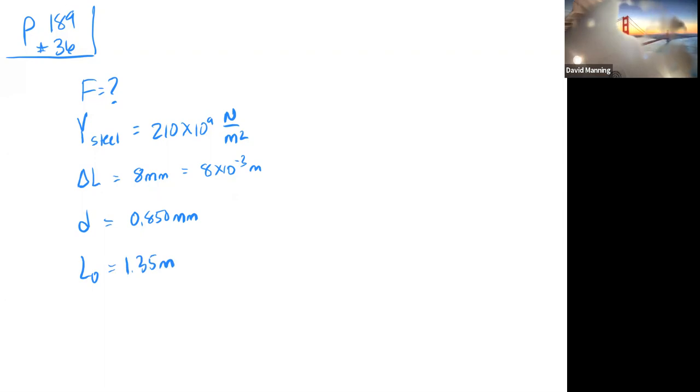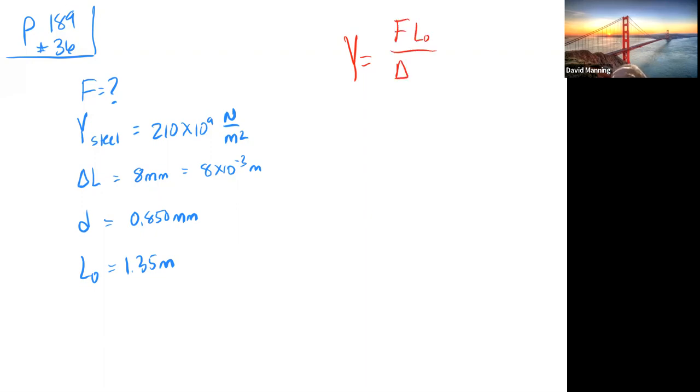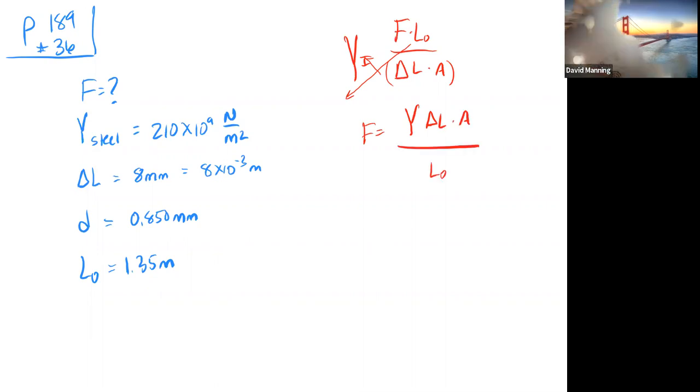Our goal is to find F. Our formula is Y equals F times L naught over delta L times A. We're going to cross multiply here to get F by itself. So we'll take our denominator, move it to the numerator, and take L naught and move it to the denominator. So F equals Y delta L times A over L naught.